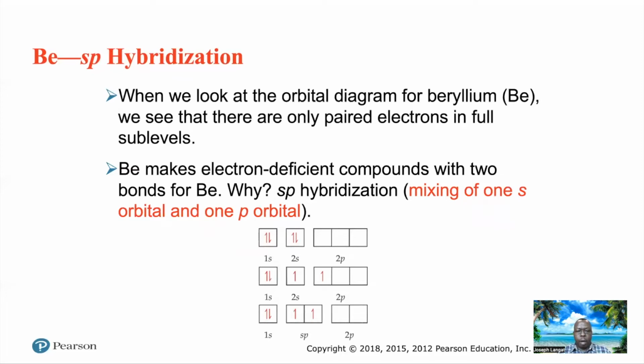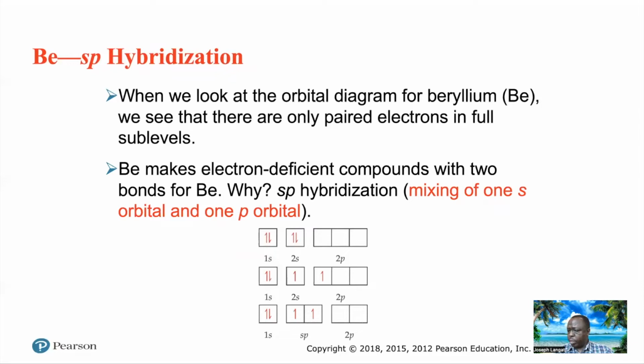There is a general equation which I want you to learn, commit to your memory, so that it will help you in determining the hybridization on the central atom. And this is the equation. Let me write this.